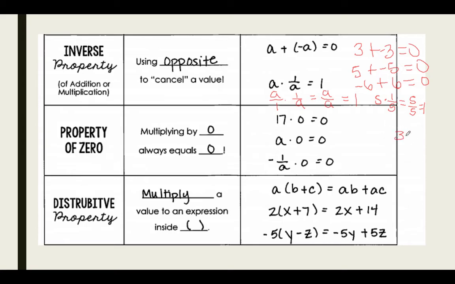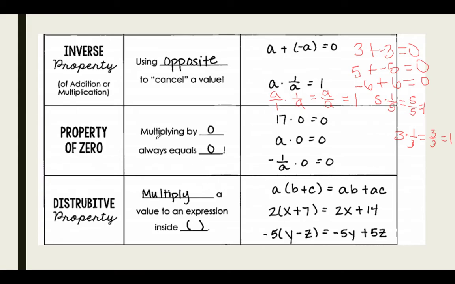Or 3 times 1 over 3, going to be 3 over 3. 3 divided by 3 is 1. So inverses of each other. Addition, the inverse of it is subtraction. Multiplication, the inverse of it is division, which is really like multiplying by a fraction.